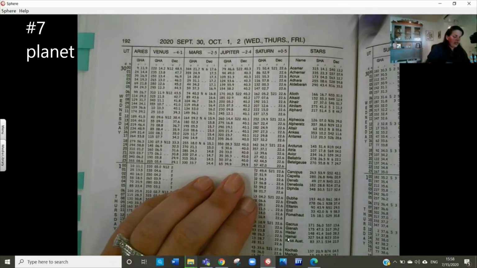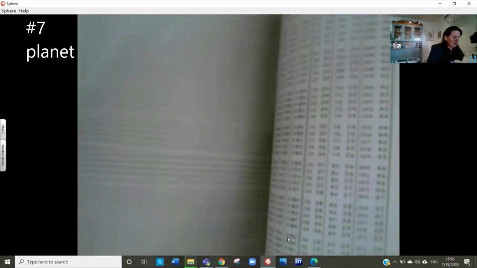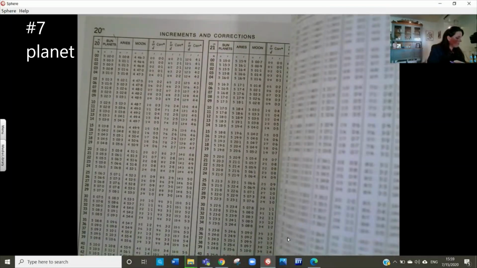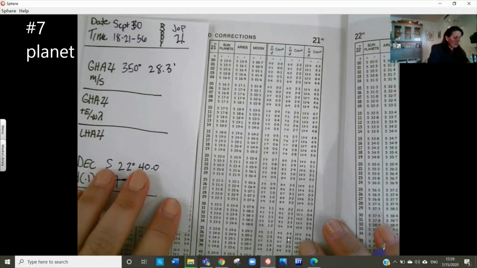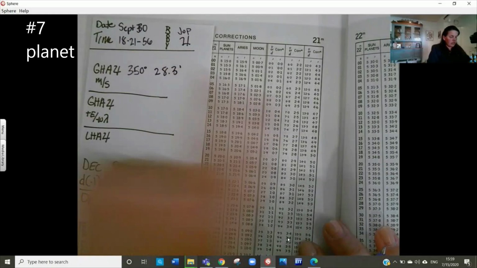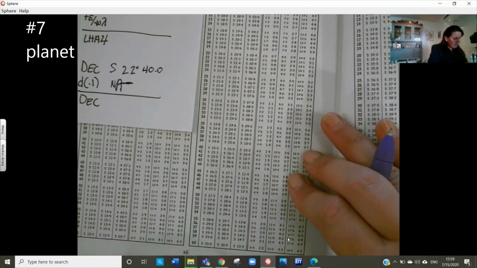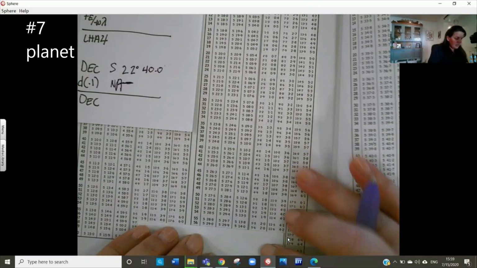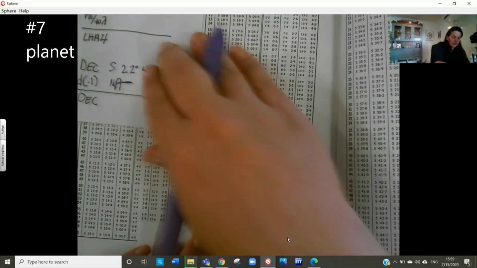Okay, so now we can go to our minutes and seconds. We are at 18:21:56. So we're at 21 minutes, looking for our 56. Down here, and we are under sun and planets, so it's the first column.